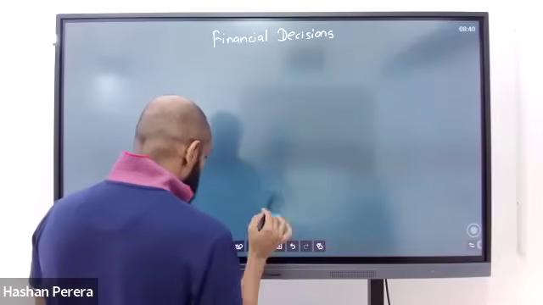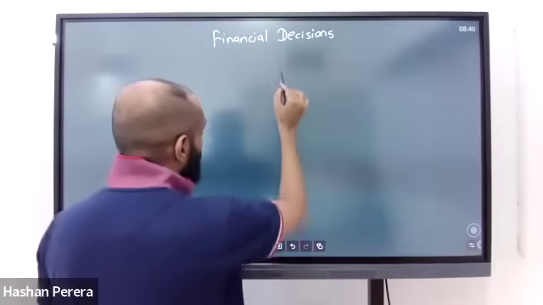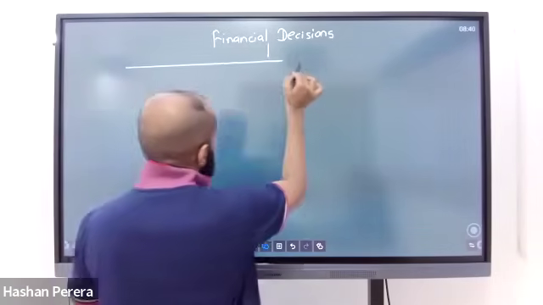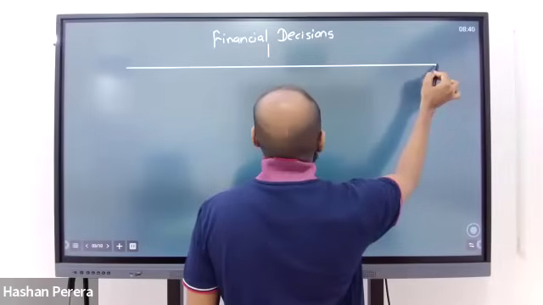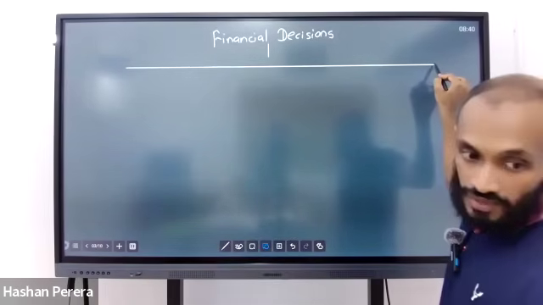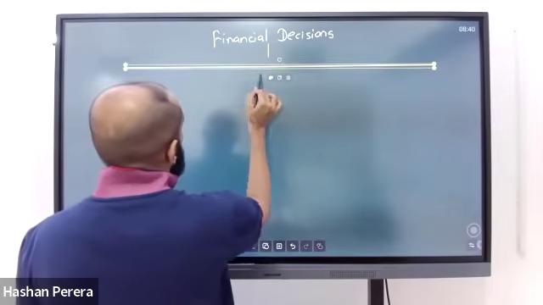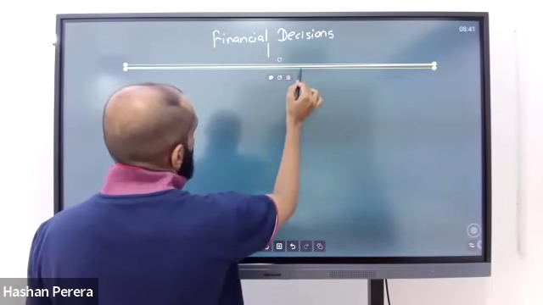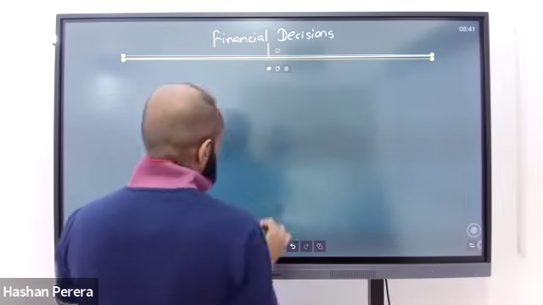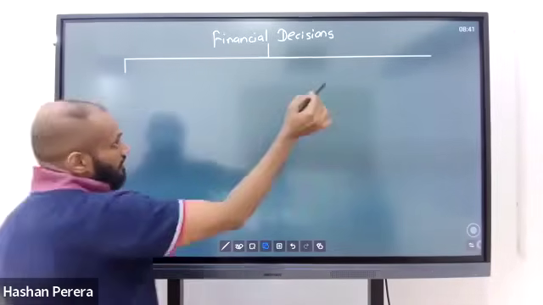Mainly ළමයි, how many types of decisions are there? We know there are two kinds of decisions. What are the two kinds of decisions we have? Decisions දෙක මොනවා?